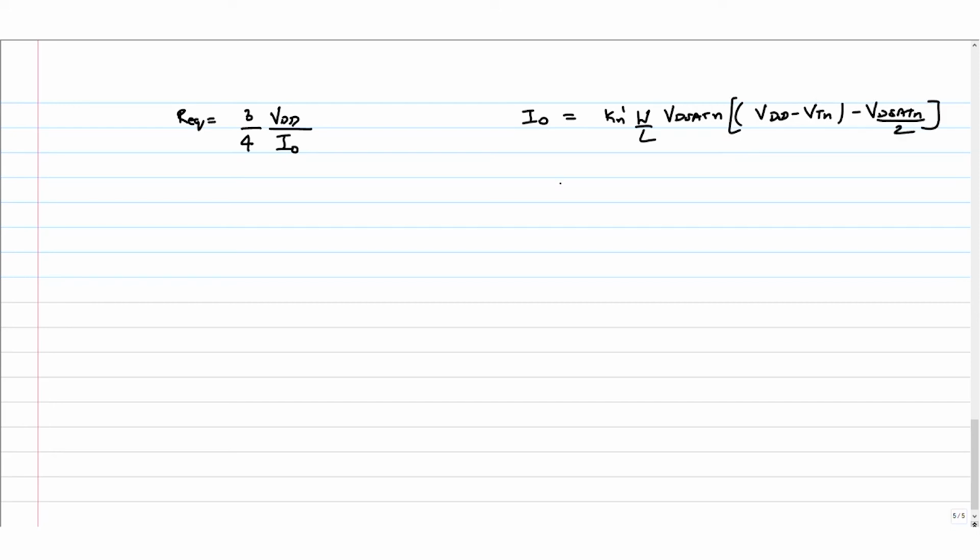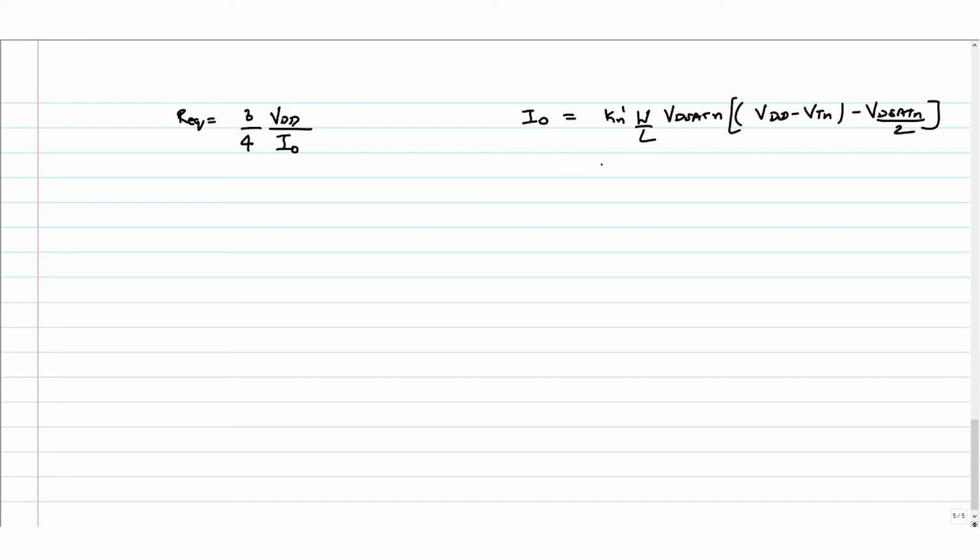Okay, so let's look at this equation a little more closely. R equivalent is 3 by 4, I leave out this lambda parameter, I naught, okay. If it is velocity saturated, then I naught is equal to Kn prime W by L Vd sat n into Vdd minus Vtn minus Vd sat n by 2, okay.